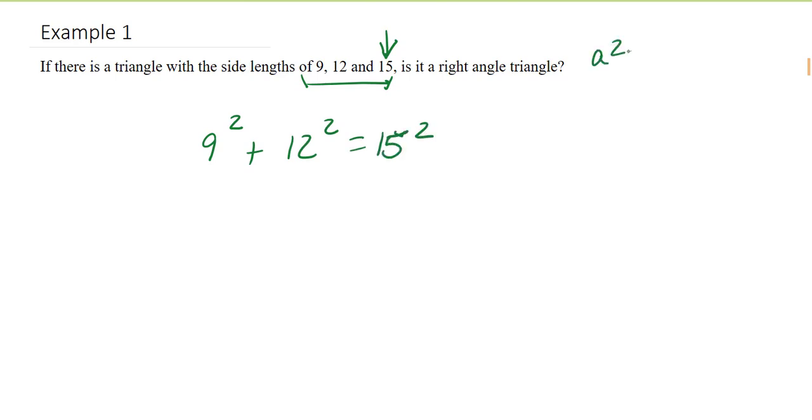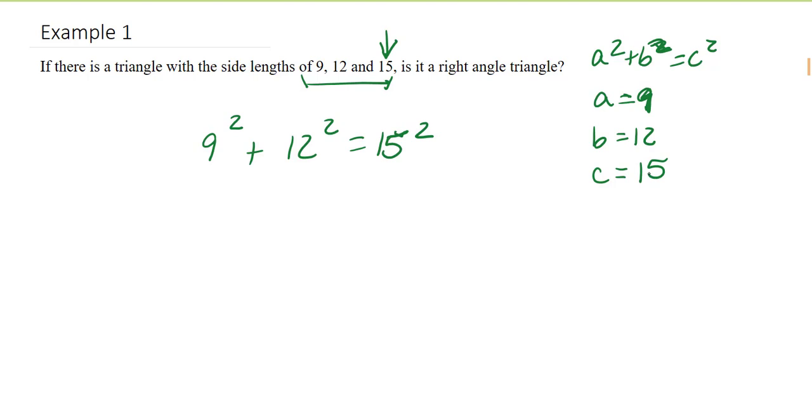A squared plus B squared is equal to C squared. We said A was 9, B is 12, which can be interchanged. A could equal 12, B could equal 9, but we just said it in order. And C, the hypotenuse, has to be the longest length.